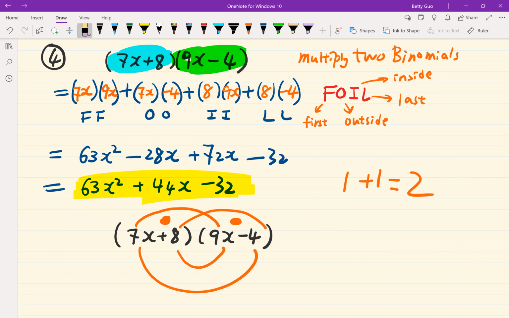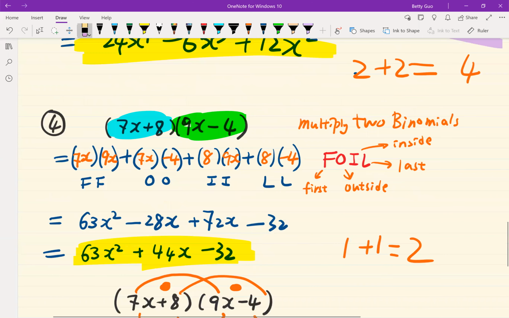So when do we apply the FOIL method? We multiply what? Two binomials. FOIL means first, outside, inside, last. We have 16 minutes. Do we have time to practice?